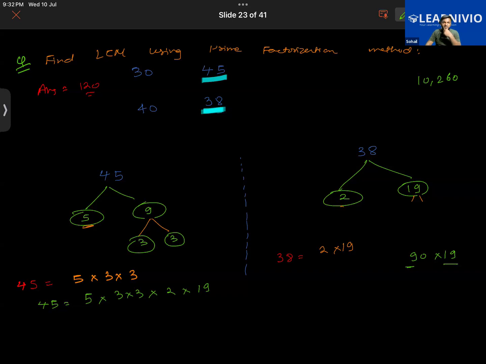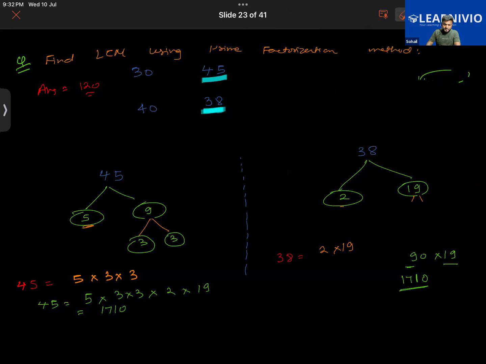Right after the class, the first task you will do is learn the tables up to 19 or 20. Okay. 9 nines are 171, and you simply put the 0. So the answer to this will be 1710, not 10,260.